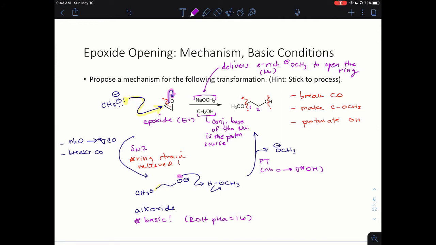Now the alkoxide is pretty basic and it's going to react with methanol. That is why methanol was listed as the solvent here. It's the proton source. And it's pretty typical that the conjugate acid of the nucleophile is used as the proton source in reactions like this.